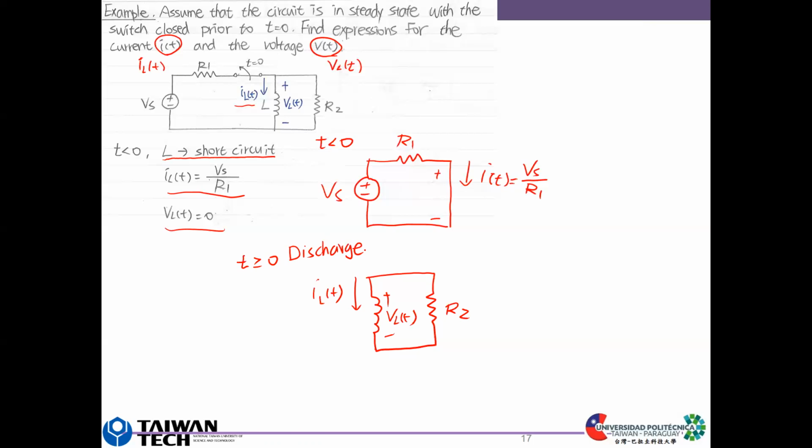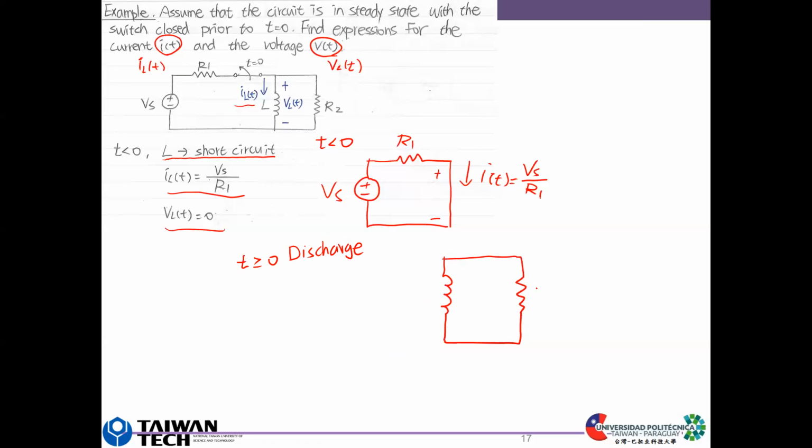I want to draw it here, so I draw it here. So it is discharged. R2, this is L, positive negative v_L(t).